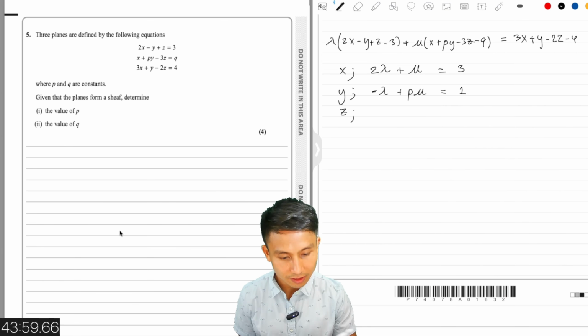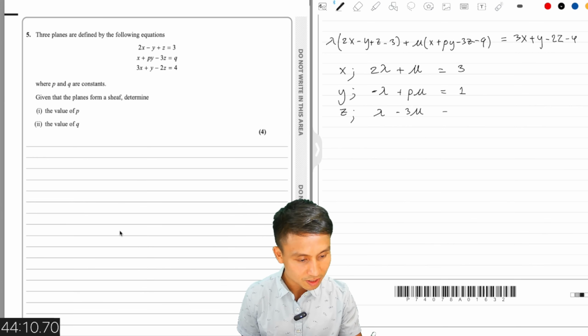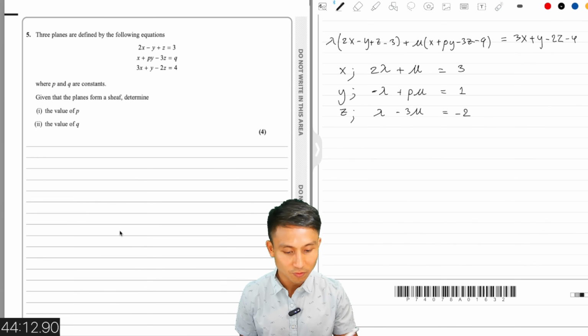For the z, we have lambda from the first bracket plus minus 3 mu from the second one, and equals minus 2 from the right hand side.